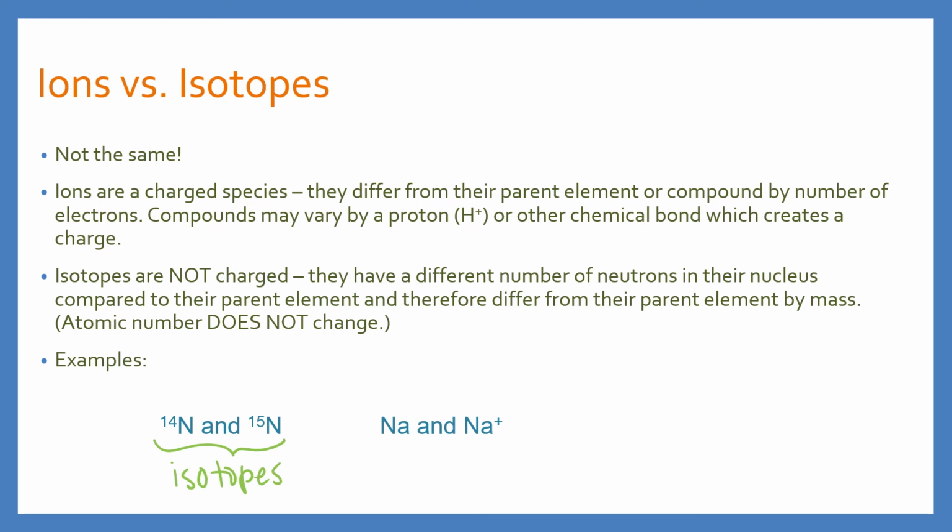So sodium has 1 valence electron. We just learned that in the previous section. Sodium plus has lost that 1 valence electron and has become ionized. So sodium plus is an ion of sodium. Sodium itself is not an ion.